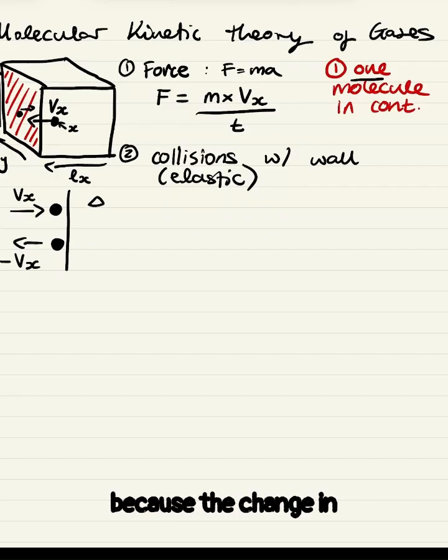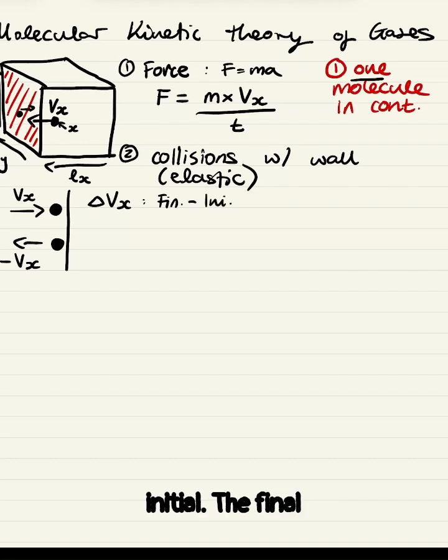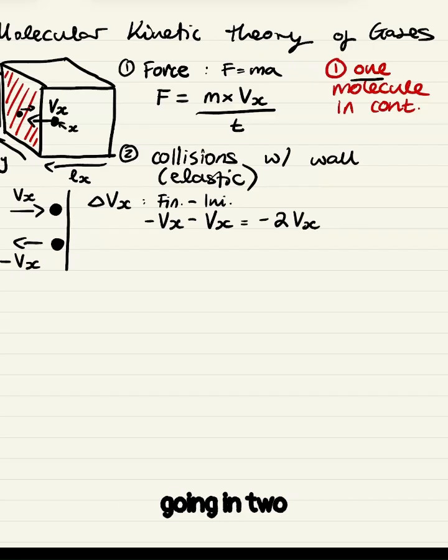And because the change in the velocity is the final, take away the initial. The final is negative vx, take away that. So this would equal negative 2vx. It's just considering that it's going in two directions. So here I should put the change. Silly me.